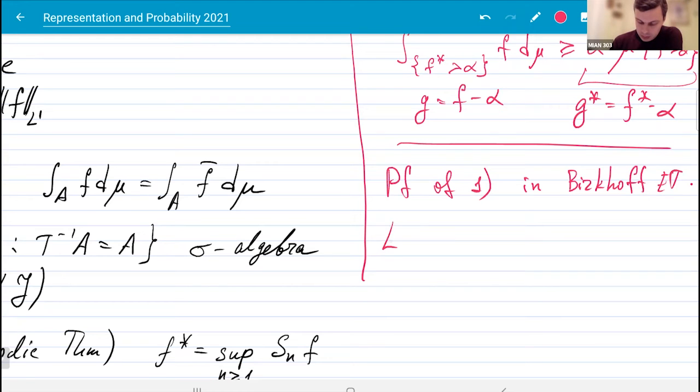Let us consider the set of points such that for our function there is a difference. So, for example, the lower limit is less than alpha and the upper limit is larger than beta.